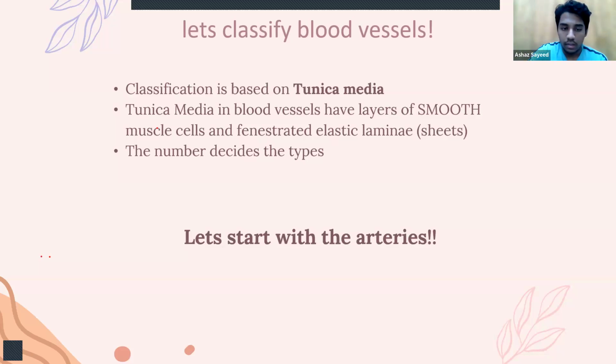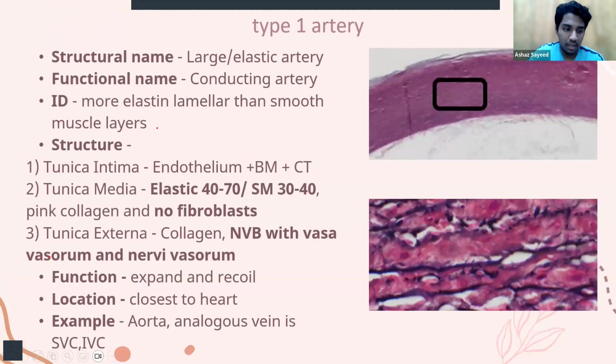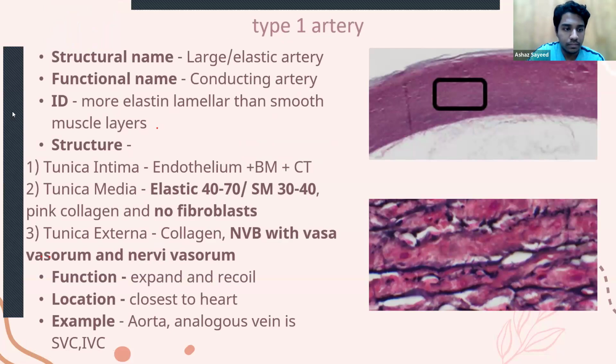So let's start with arteries. Type 1 artery. Type 1 arteries are usually the biggest ones, and they're pretty easily visible.